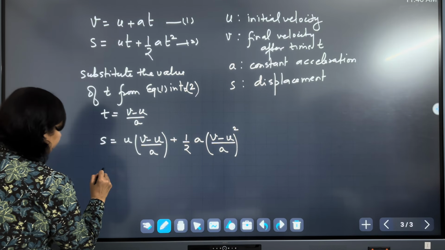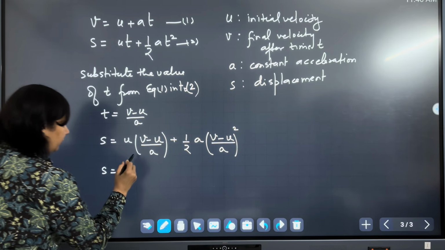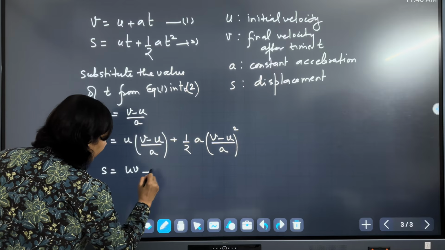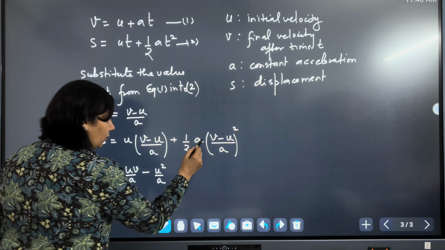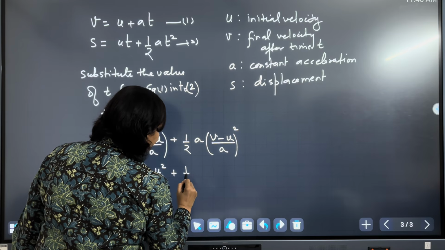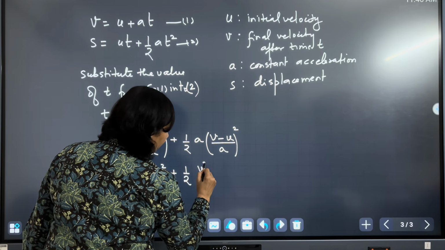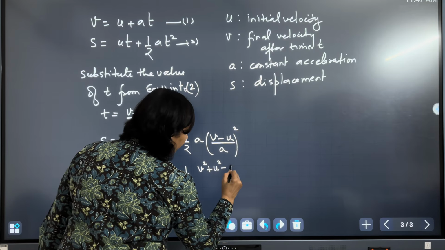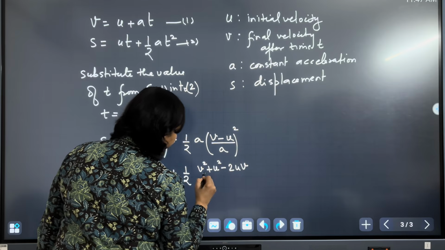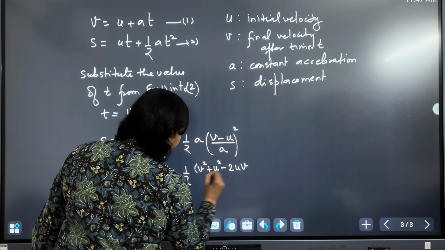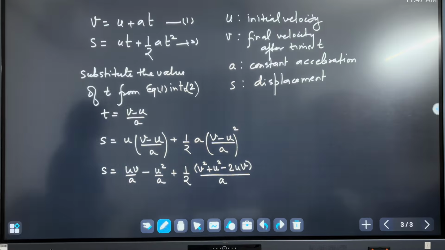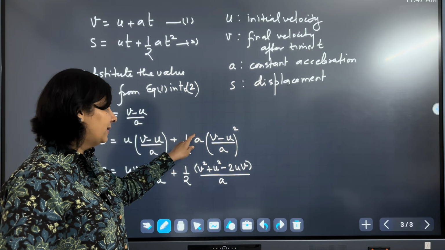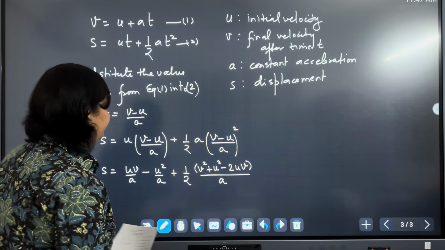Now s is equal to uv minus u square, I am just simplifying it, 1a will cancel, plus half (v square plus u square minus 2uv). And we are left with only 1a in the denominator, because this is a square, this is a, so 1a will cancel.